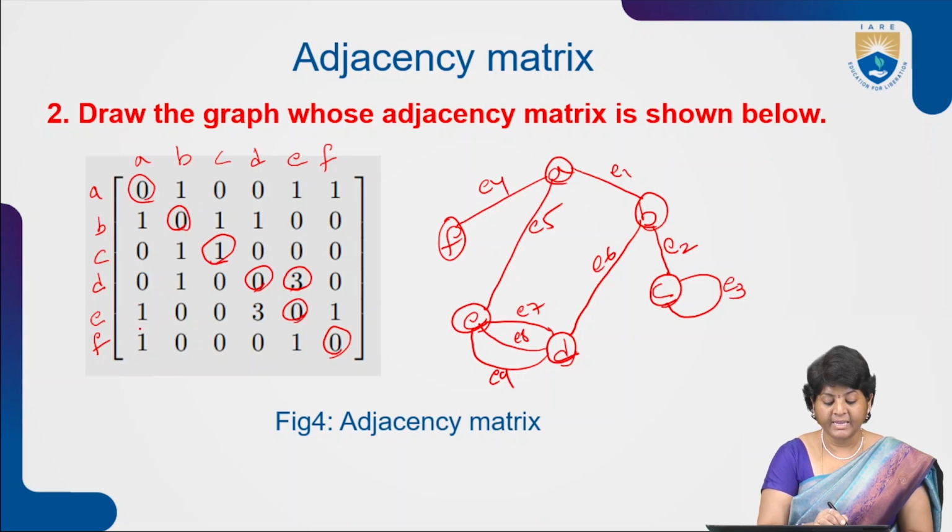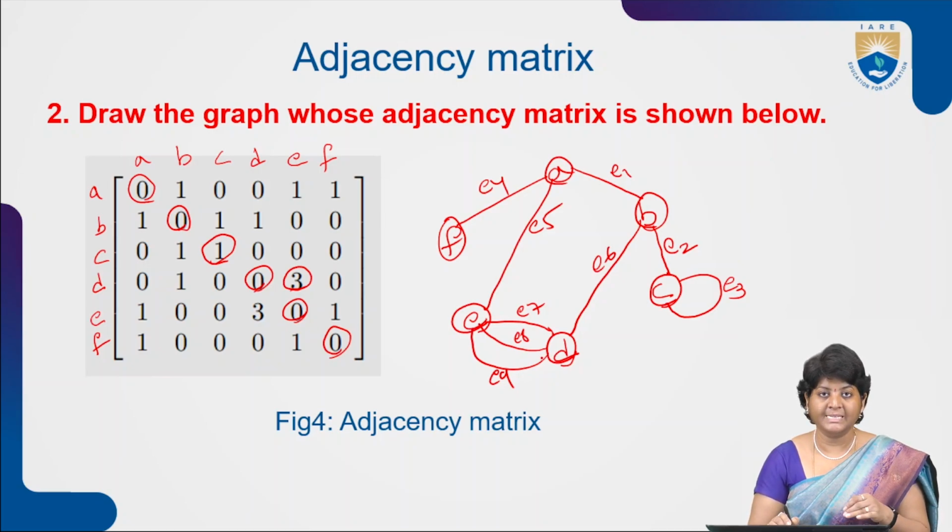Next, vertex E, E to A is there. For E to B, E to C, there is no connection. D to E, 3 is there. E to D, 3 is there. Since this is an undirected graph, we will represent it like this. Now, E to F is there? Yes. Connect this. E to F.